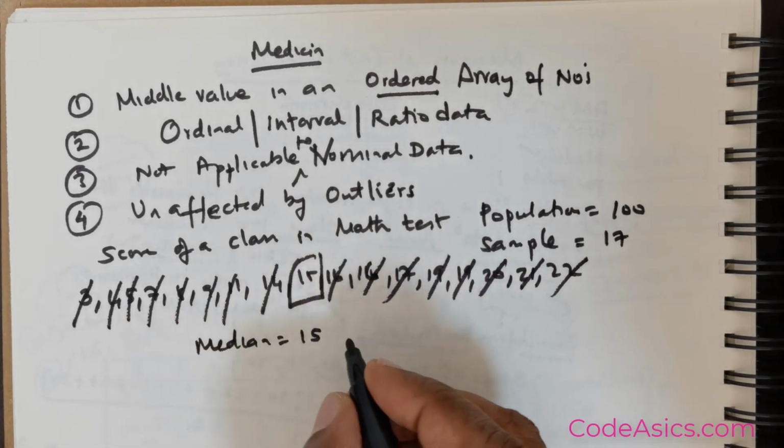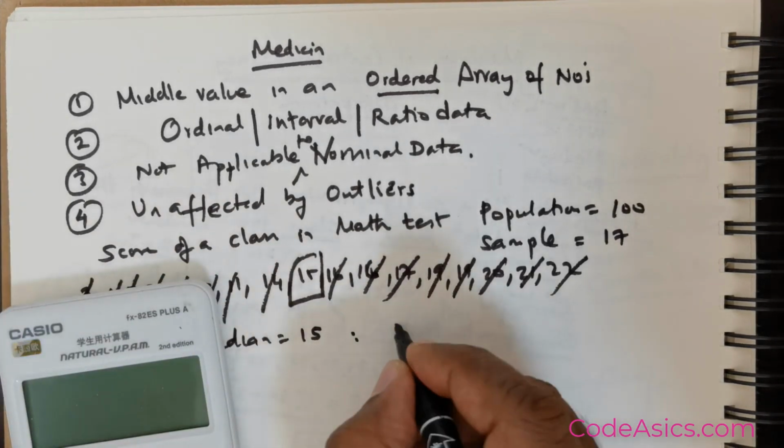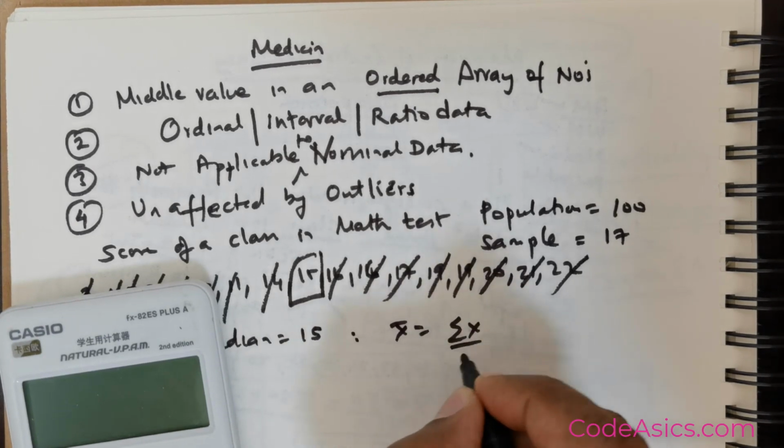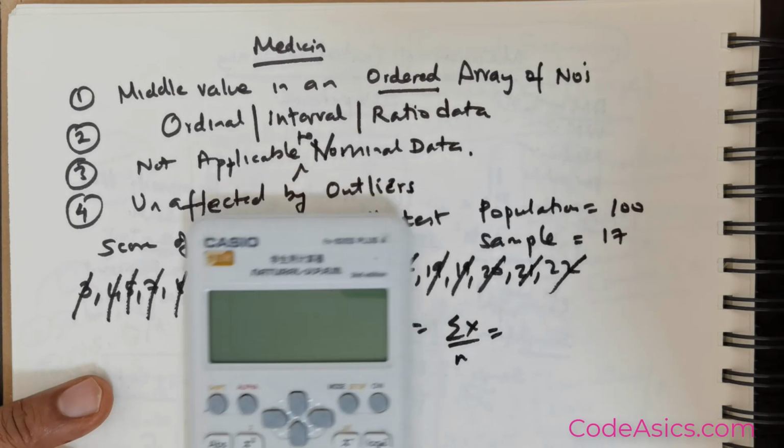So having got that 15, now if I were to find the mean, let me get the mean of the sample, sigma x divided by n. I'm going to add it over here.